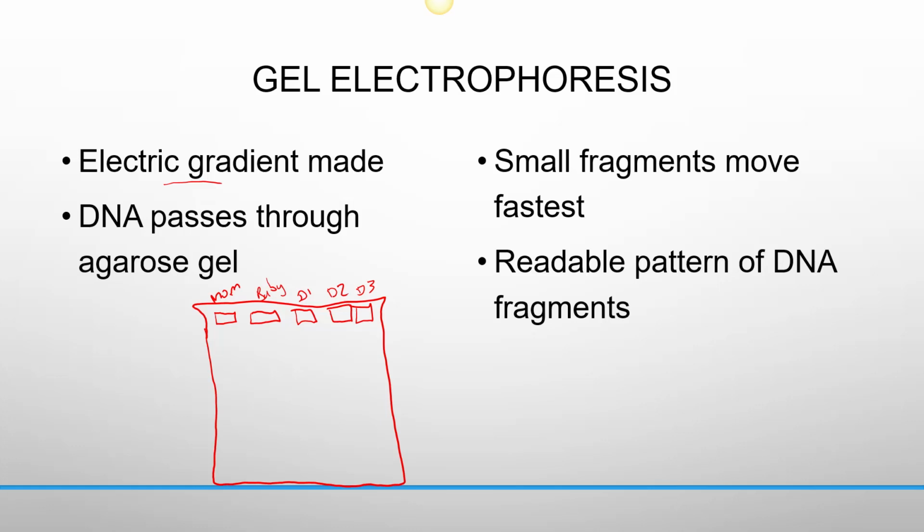So when you load mom's, baby's, and dad's DNA, the bands are going to start to migrate through the gel. So mom may have bands here, here, and here. Baby may have bands here, here, here, and here.